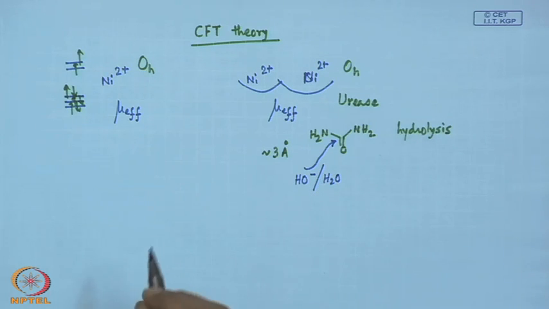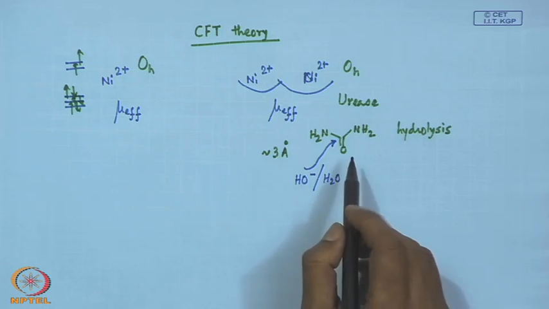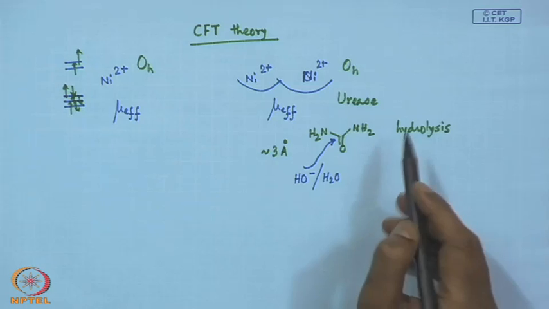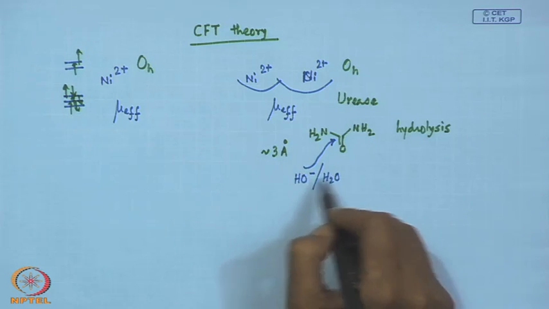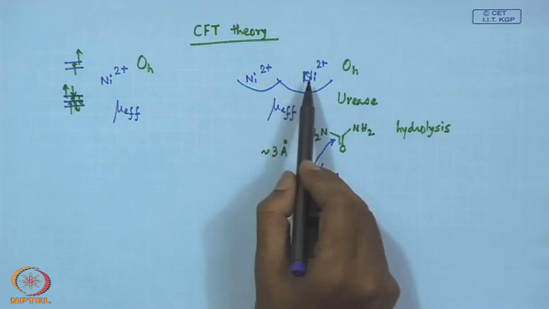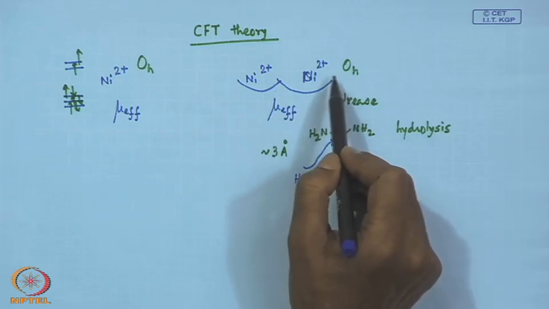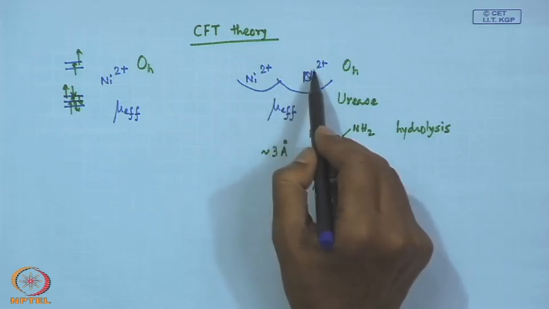So, nucleophilic attack of HO minus or H2O can lead to the hydrolysis reaction. But all these catalytic reactions we are talking about are taking place on these two nickel centers. So, this is the platform, and on that platform the urea is coming and binding to these centers.